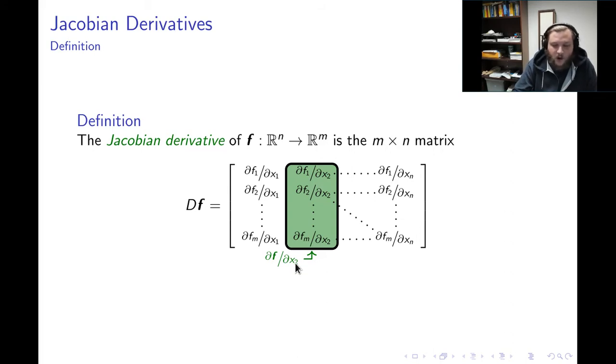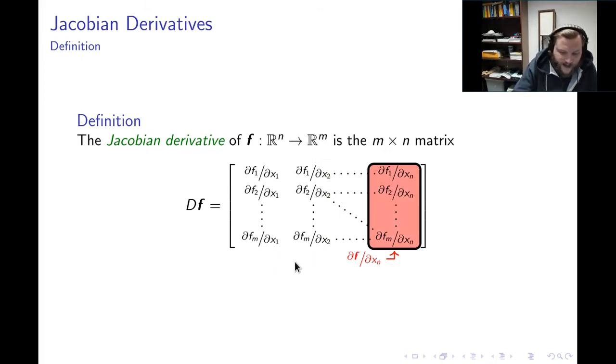And if I keep going column to column, I'm taking partial derivatives of all of the coordinate functions with respect to the next variable. So in the last column, we're organizing all of the partial derivatives of all of the coordinate functions with respect to the last input variable xn.